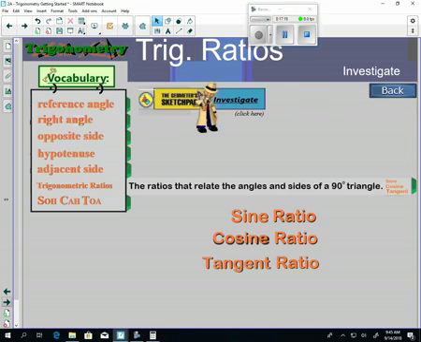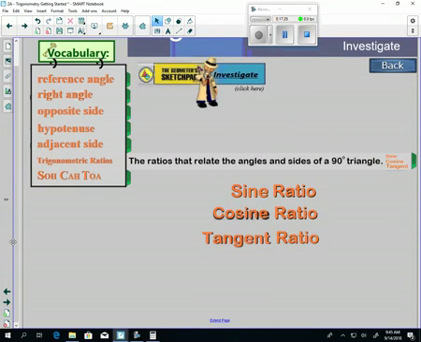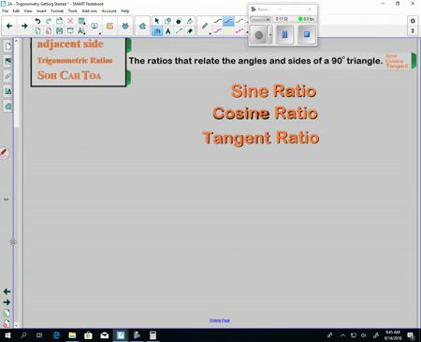Let's get to SOHCAHTOA. SOHCAHTOA refers to the sine ratio, the cosine ratio, and the tangent. Where do we get that from? Well, the S stands for sine.